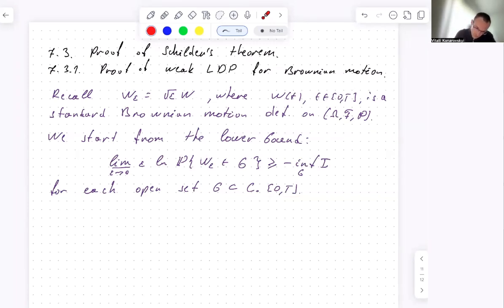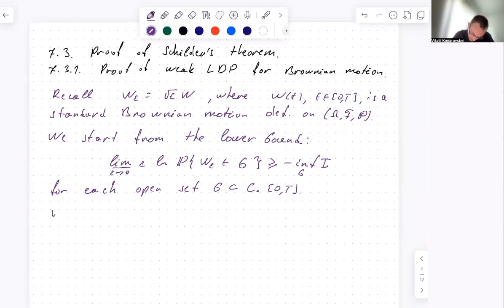And to prove the lower bound, we will use proposition 3.5, which we already discussed and proved, and it says the following. Actually, that proposition says that instead of proving the lower bound for open sets, you need to prove the lower bound only for balls. Let me formulate that more precisely.